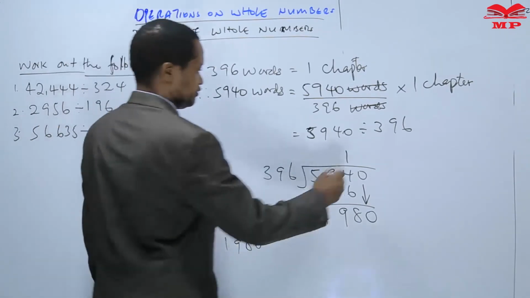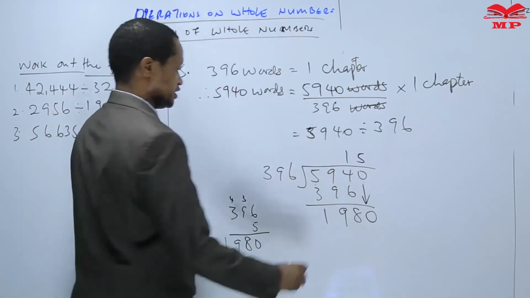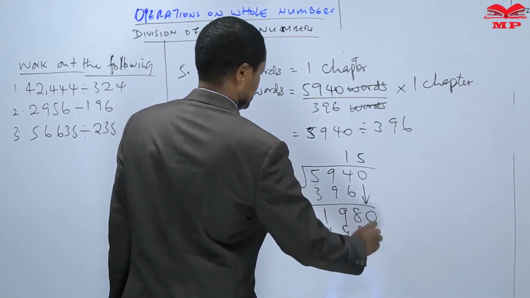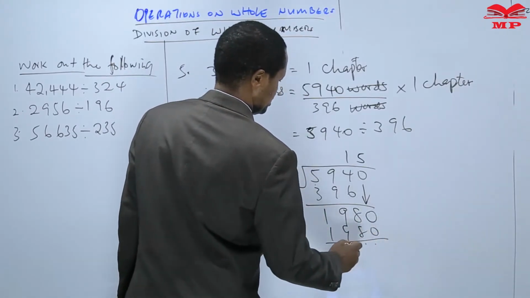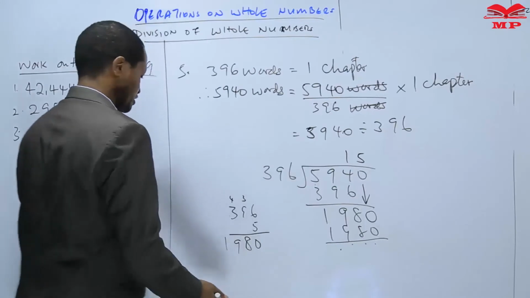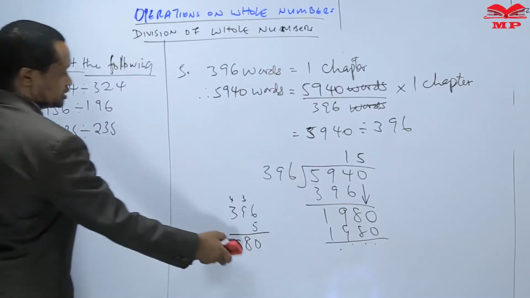So here we have 5, giving us 1980. There's nothing else to divide here. So the answer is 15 chapters.